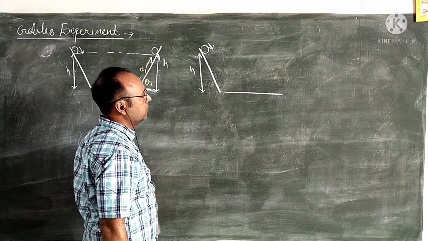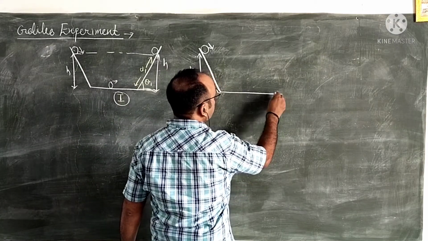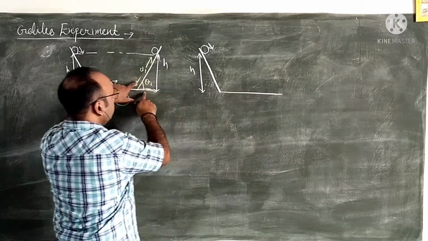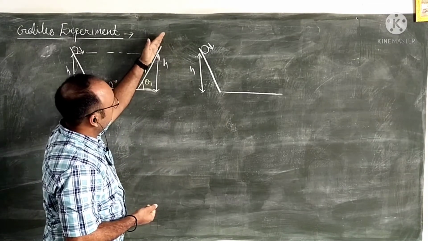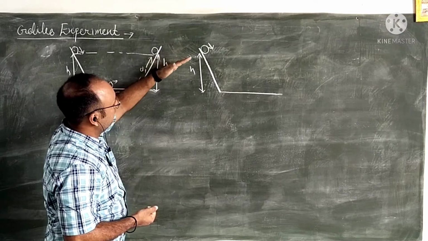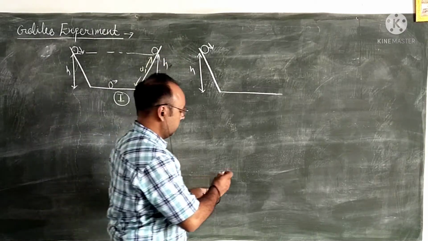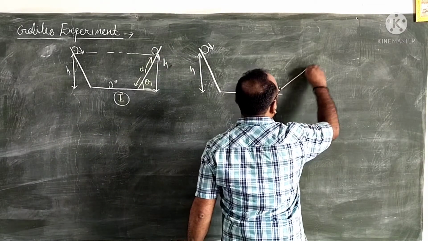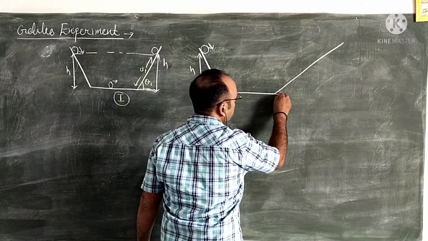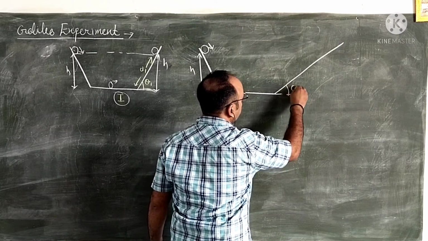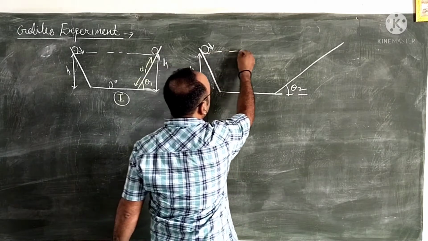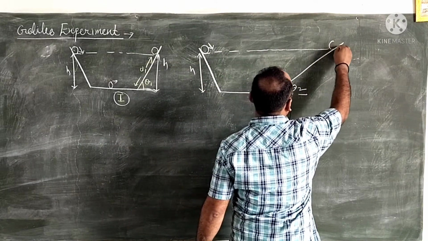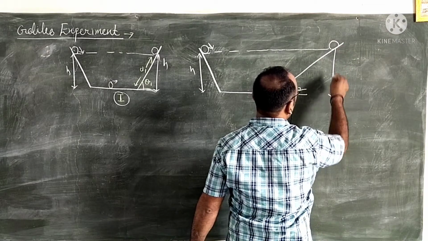When the ball was released from here, he reduced this theta 1. Earlier the slanting was more, now he decreased it, so the slope comes down like this. This is theta 2. Now the observation was again the same: the ball reached the same height h.